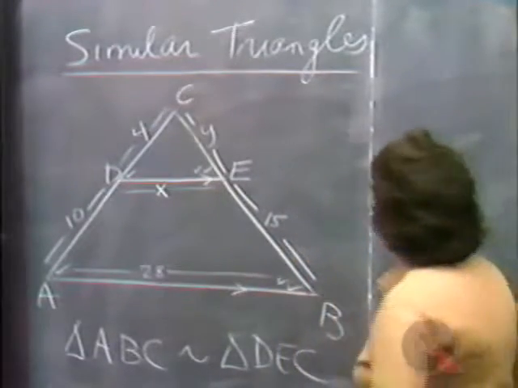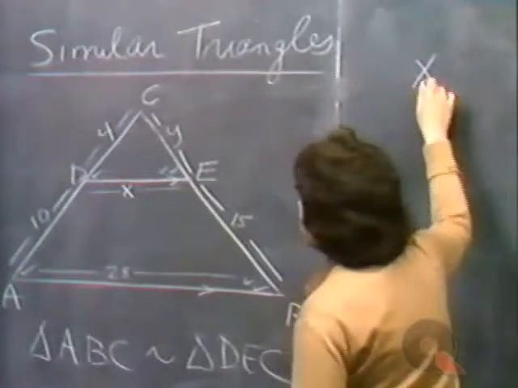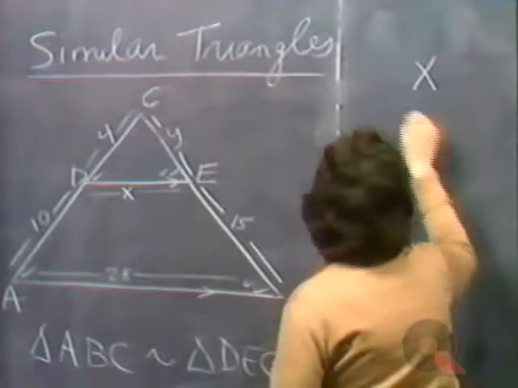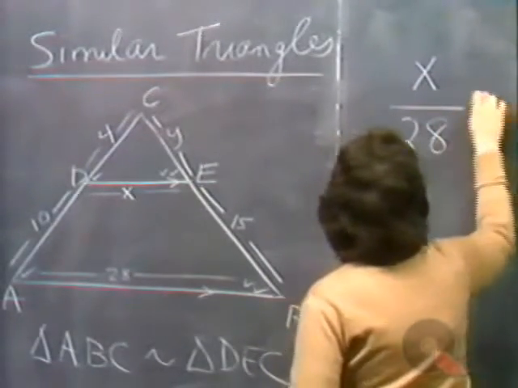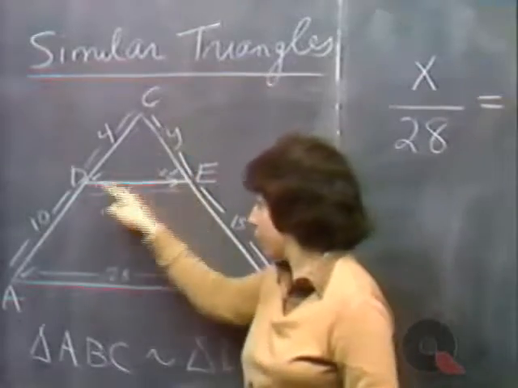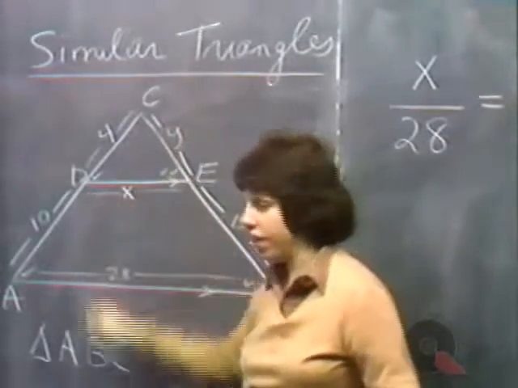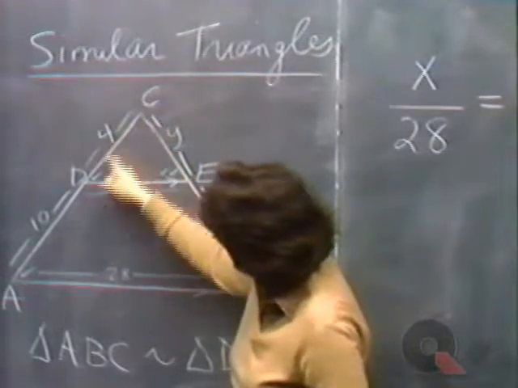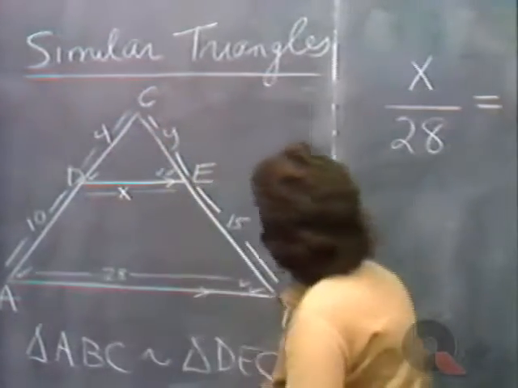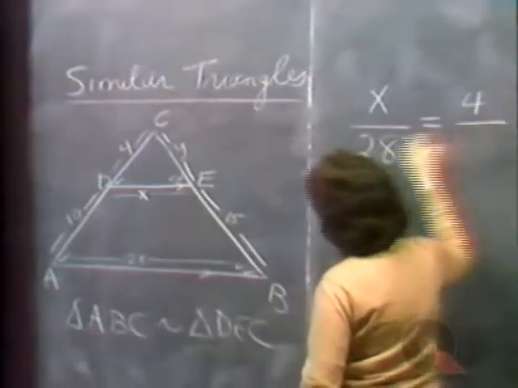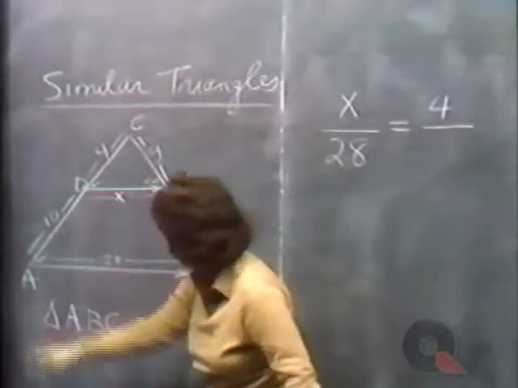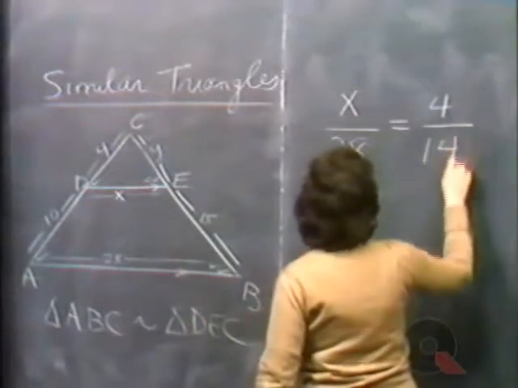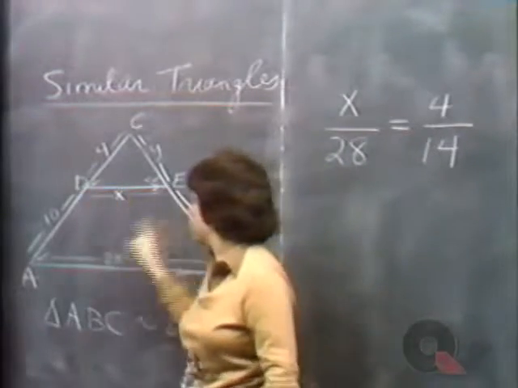We're trying to find x. Let's say x is to 28. That is, the base of this small triangle is to the base of this large triangle, as this left leg here, the left side of the triangle, 4 is to the left side of the big triangle, which is 14. Don't make the mistake of saying x is to 28.